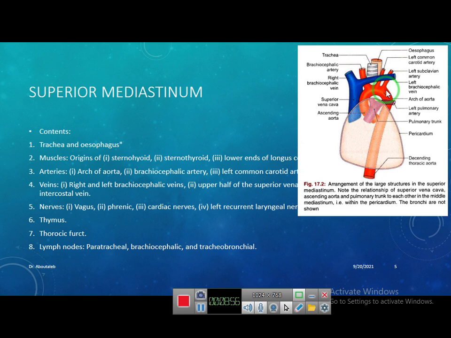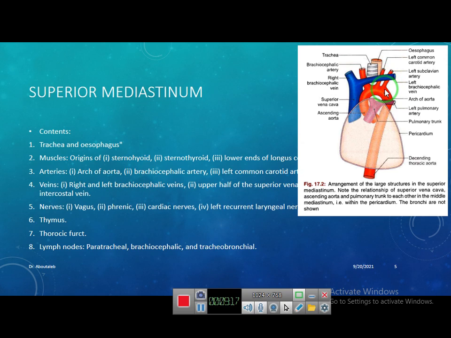So about arteries in the superior mediastinum, number one is the arch of aorta, number two is brachiocephalic, number three is left common carotid, and number four is left subclavian artery.